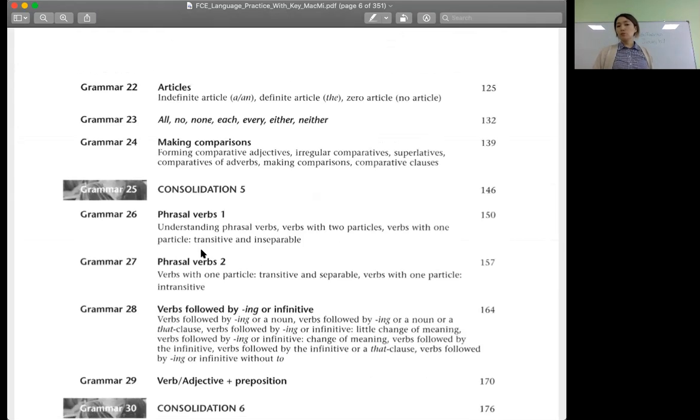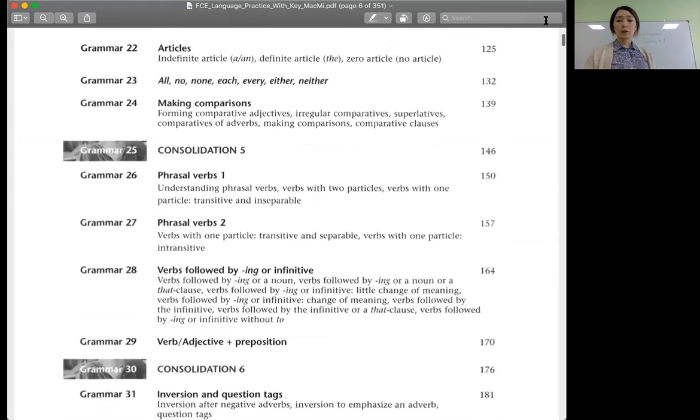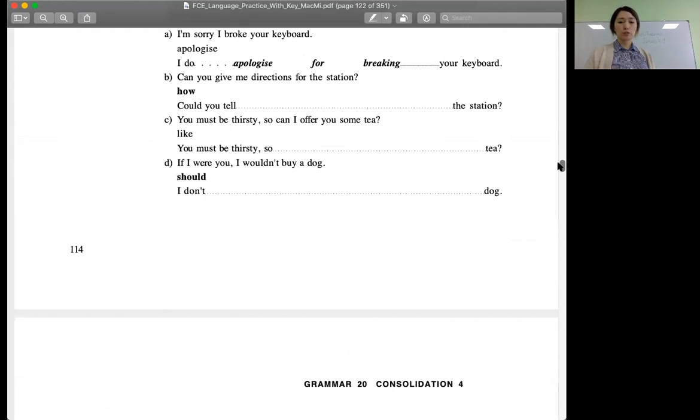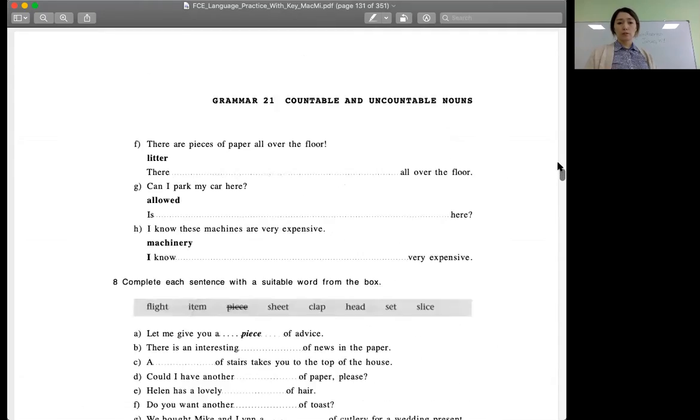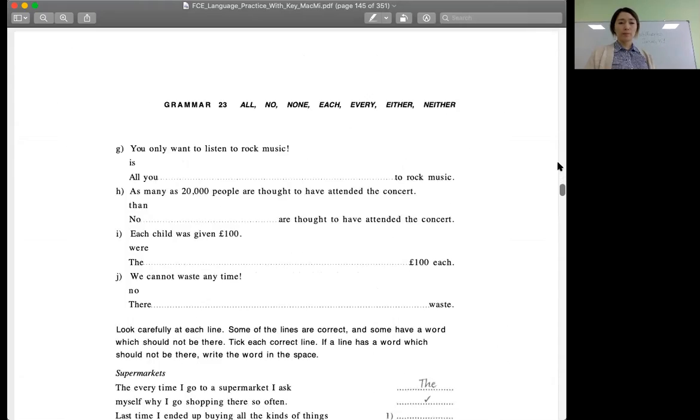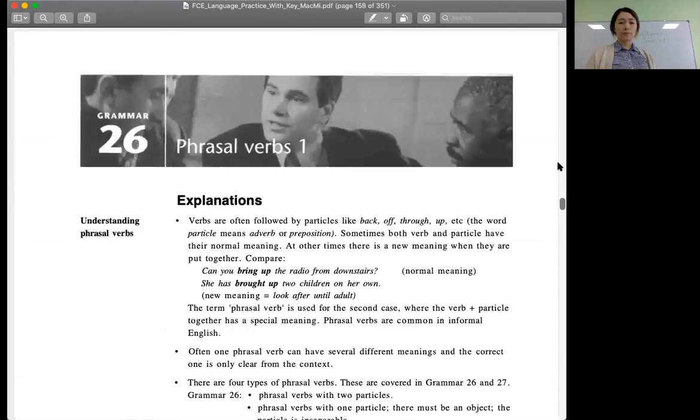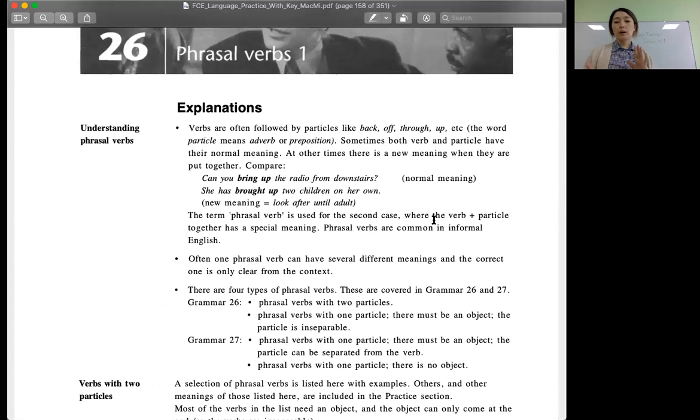And there's really nothing for me to explain here. Mainly, this is a vocabulary unit. But still, let's open it up and see if you have any questions about phrasal verbs. Here we go. Verbs are often followed by particles like back, off, through, up. Those are prepositions. And sometimes both verb and particle have their normal meaning.